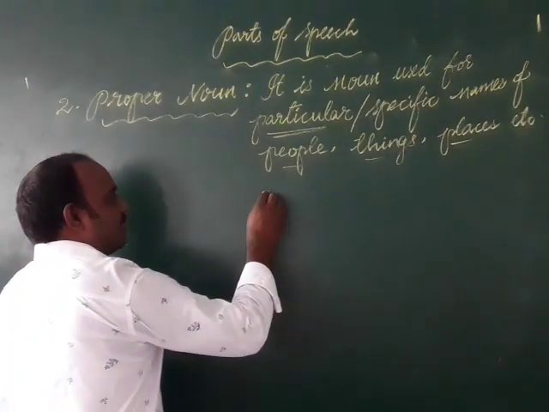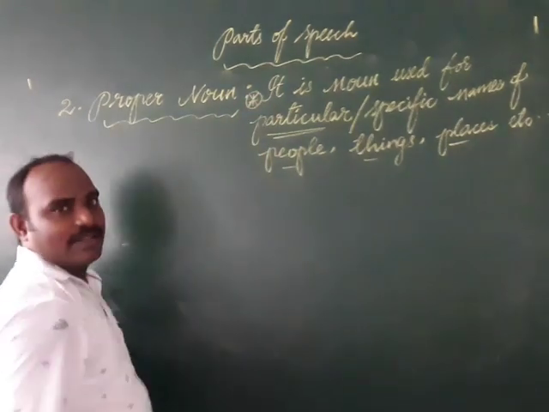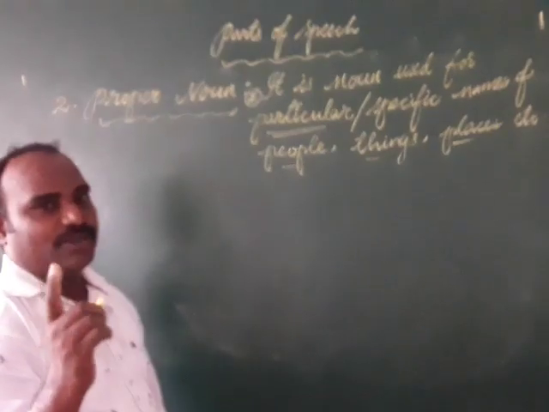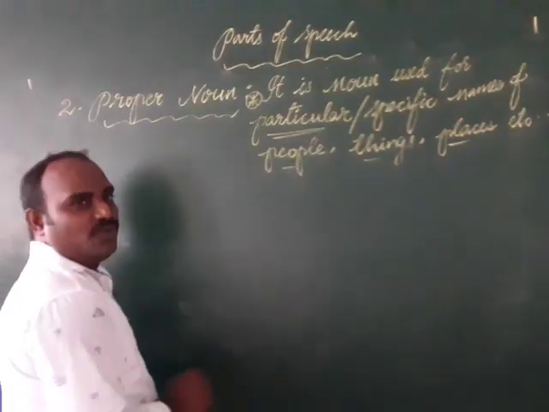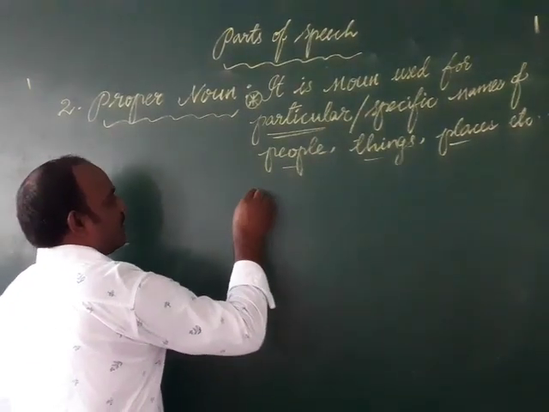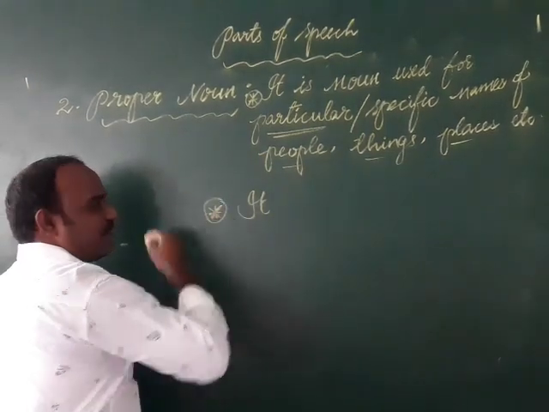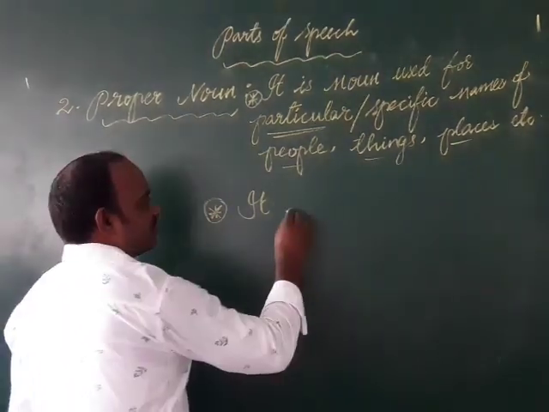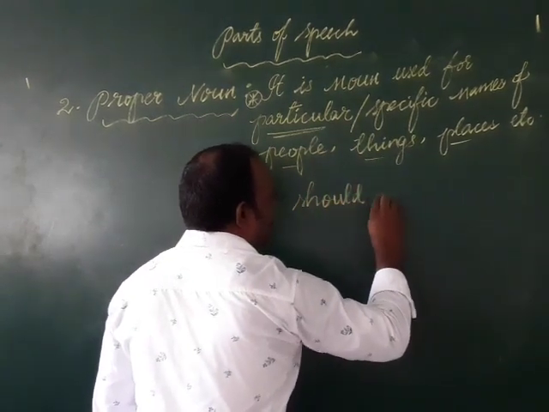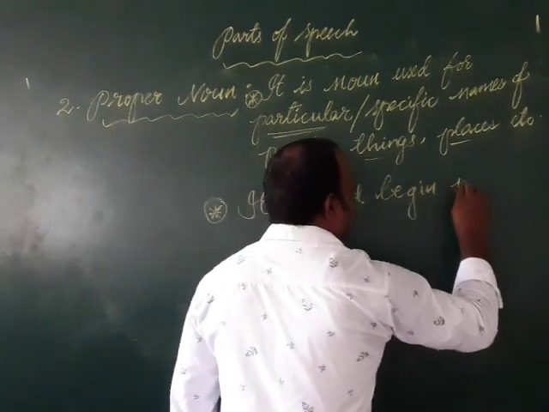And another point you should remember, proper nouns should always be written with capital letters. I mean, begin with capital letters. A proper noun should begin with a capital letter.